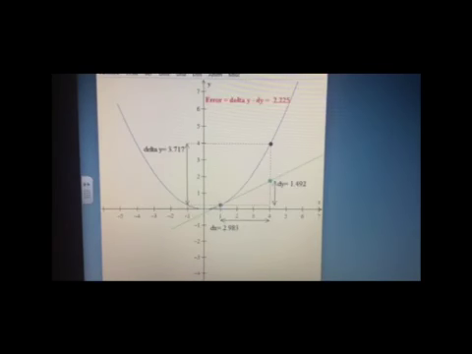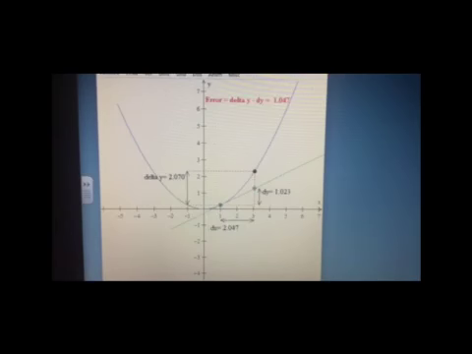Here you have the difference of x2 minus x1, and when x2 gets closer to x1, delta y is getting closer to the differential of y.